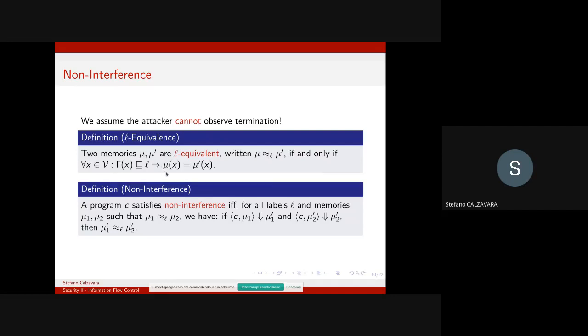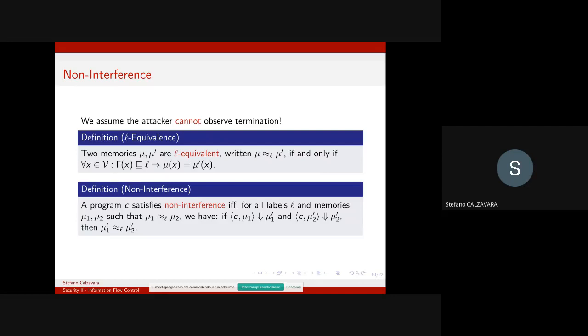So from the point of view of an attacker who is sitting at level L, say a professor, the content of these two memories must be identical. In particular, this means that these two memories cannot be distinguished. We might have differences in content which is labeled as rector, but we cannot have differences in content which is labeled as professor.